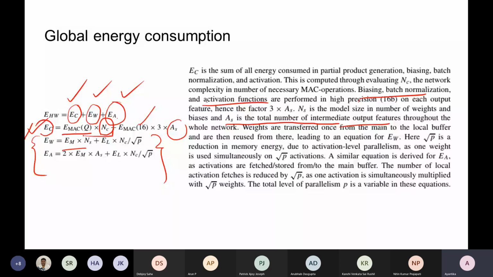This EL, if you go back to this diagram, is the register. That means in general we store the related data in this memory.